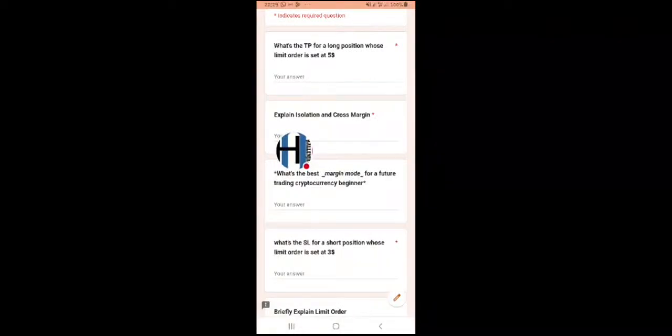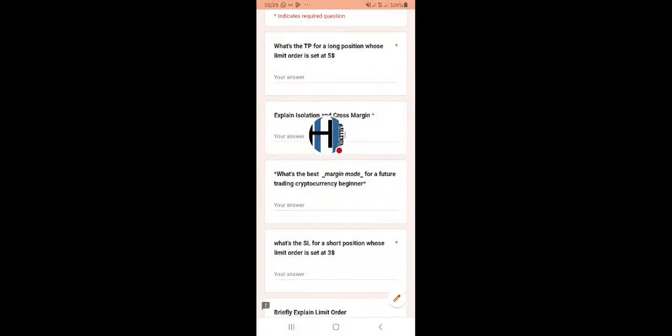Anything that's in your balance will be used for cross margin trading. As simple as that. What's the best margin mode for a futures trading cryptocurrency beginner? Simple answer: isolation margin mode. That's the best one for a beginner.